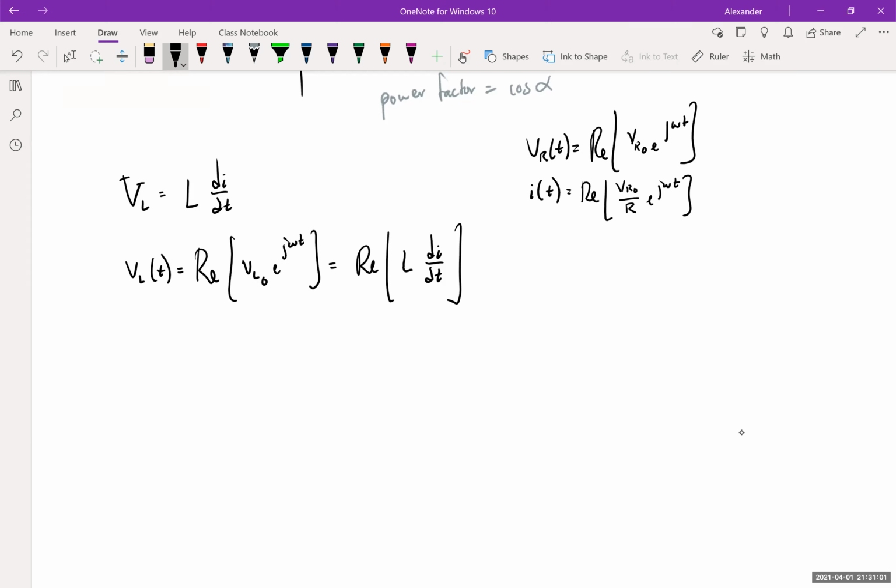So what is the derivative of the current? I'm just going to call it I. The complex current has a magnitude, and when we take the derivative of e to the j omega t, we get a factor of j omega.